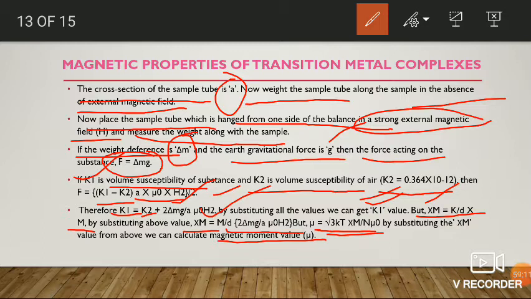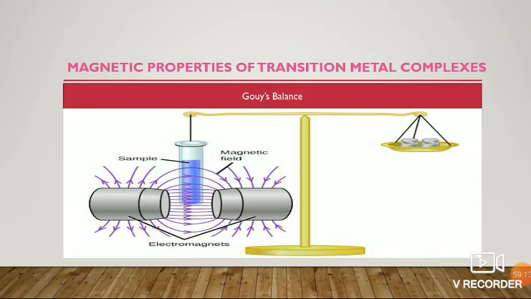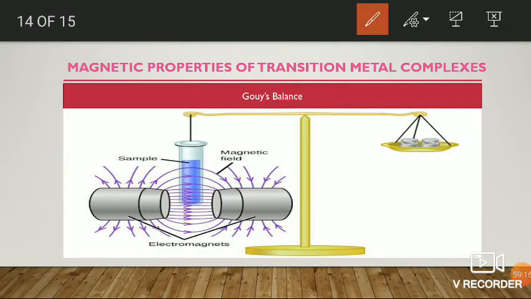This is the Gouy method, which is used to find the magnetic susceptibility, from which we can calculate the magnetic moment of that compound. Next, the picture depicts the Gouy balance, which is used in the Gouy method to determine the magnetic susceptibility and then the magnetic moment.